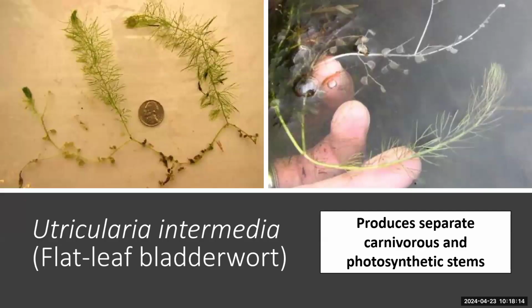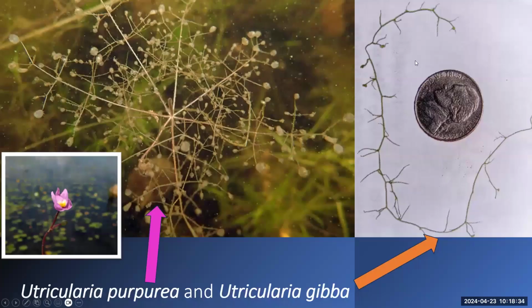Next one, Utricularia intermedia. This is fun because it has a photosynthetic stem, and then it will produce a carnivorous stem that'll be buried in the substrate. So it partitions its duties to two different stems. Utricularia purpurea, purple bladderwort.